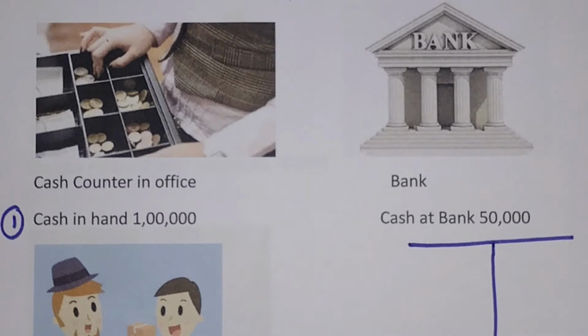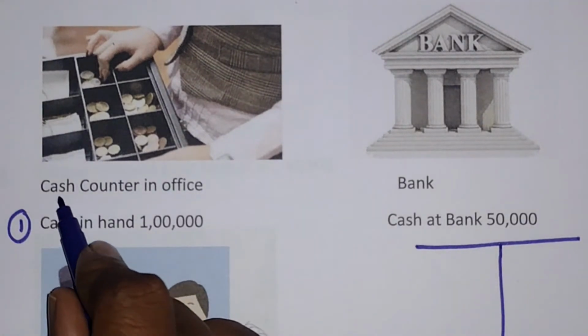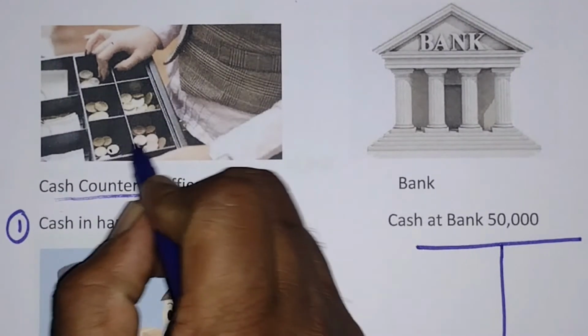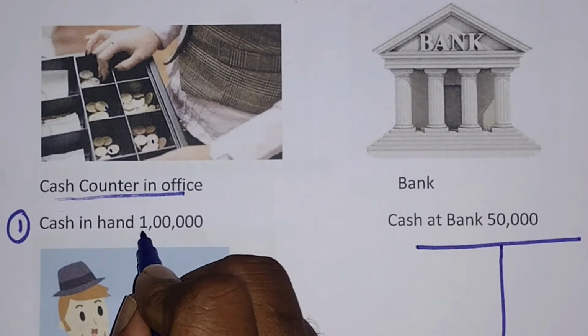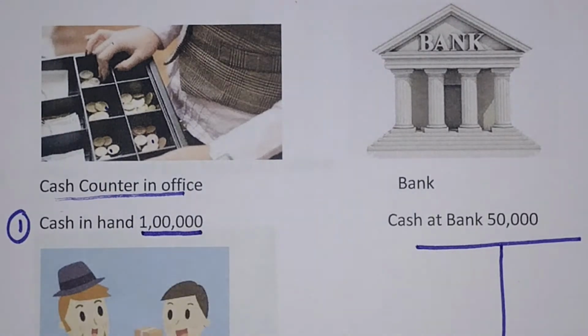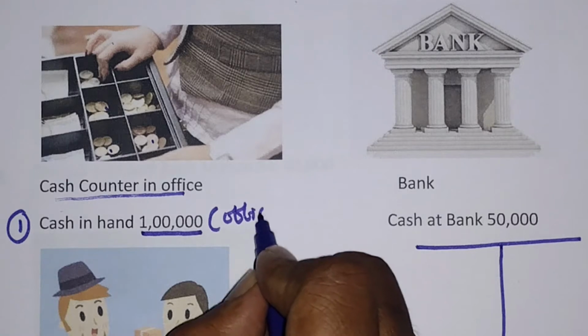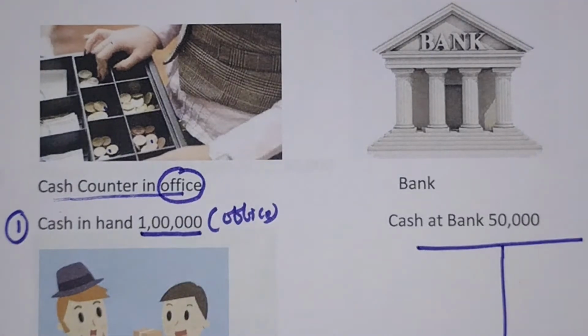See, in an office, this picture is drawn, it is the office. A businessman has 1 lakh rupees in the office. Cash in hand means it is in the office, the cash counter in the office.